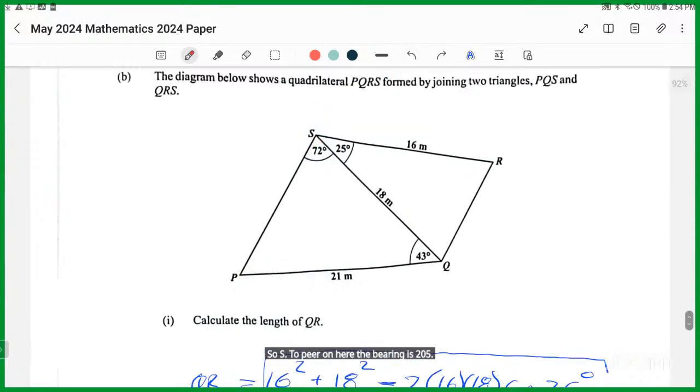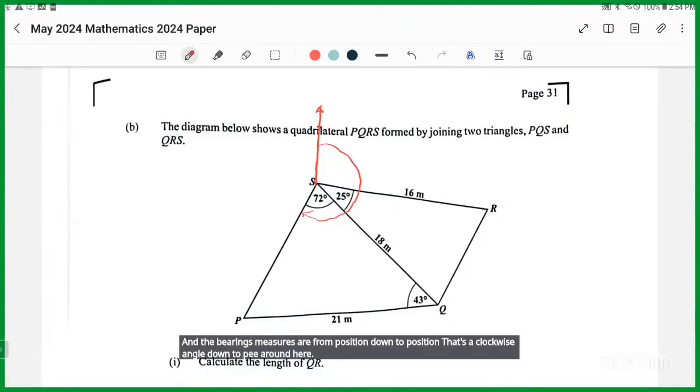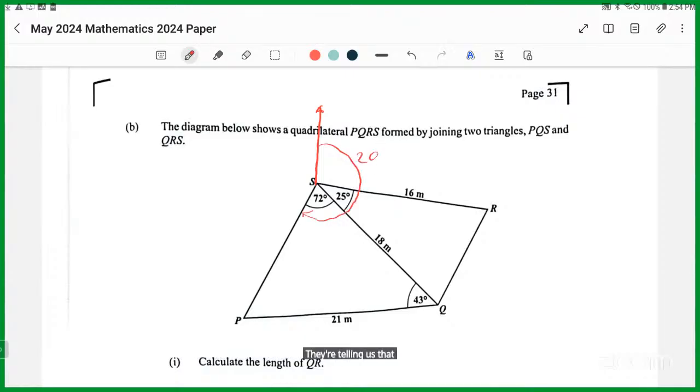So let's show the north line at S. That's the north line at S. Let's extend it further up here. And the bearing is measured from that position down to P. That's a clockwise angle down to P around here. They're telling us that angle is 205 degrees.